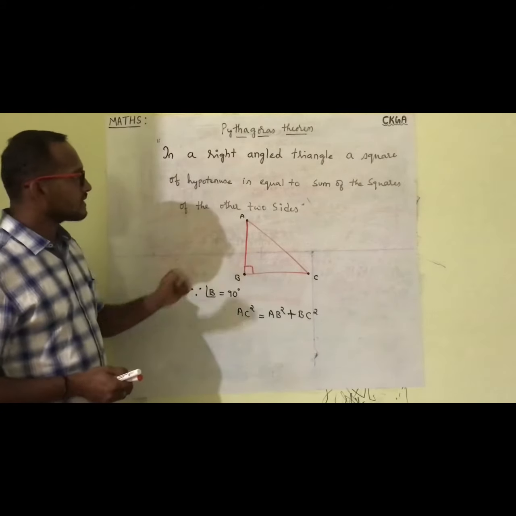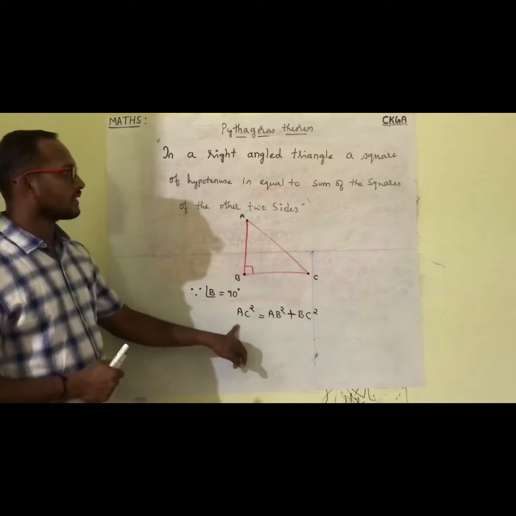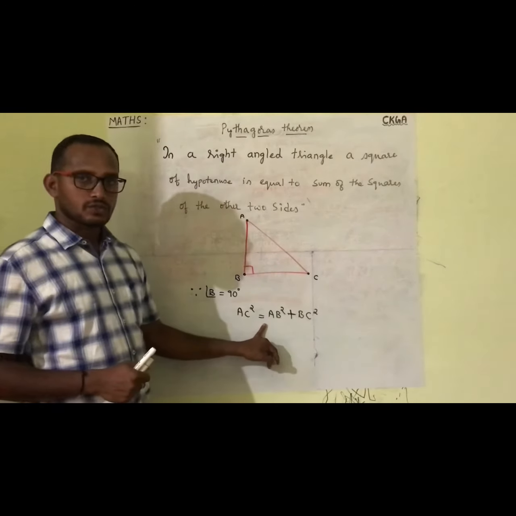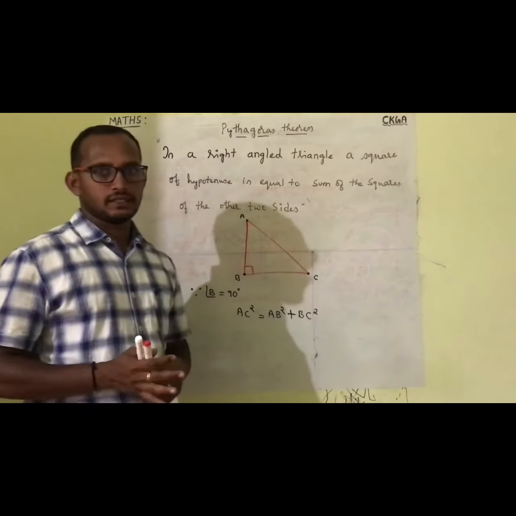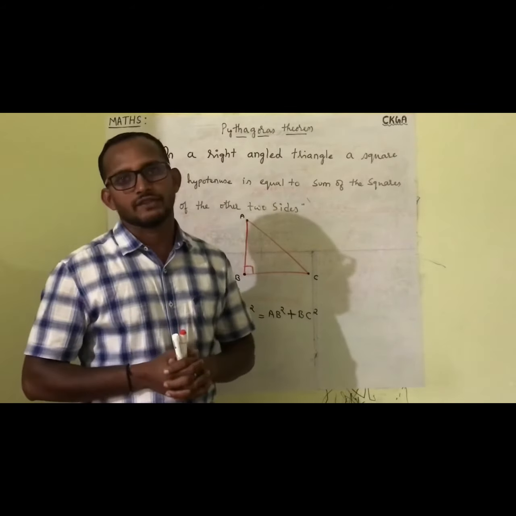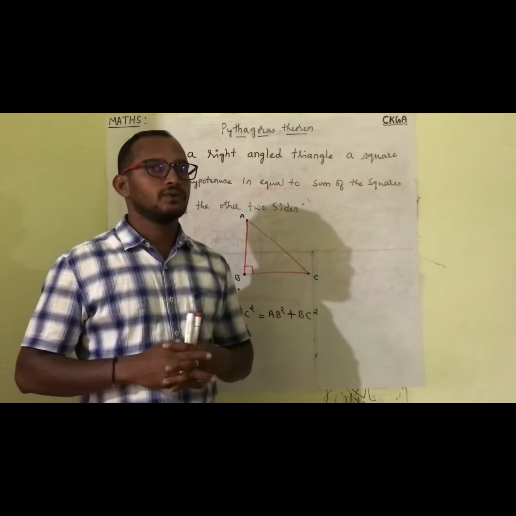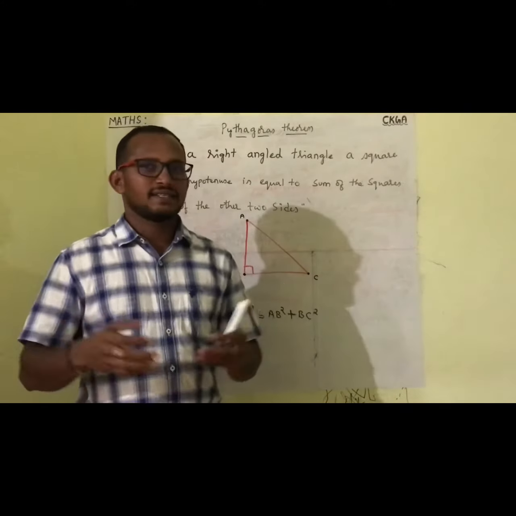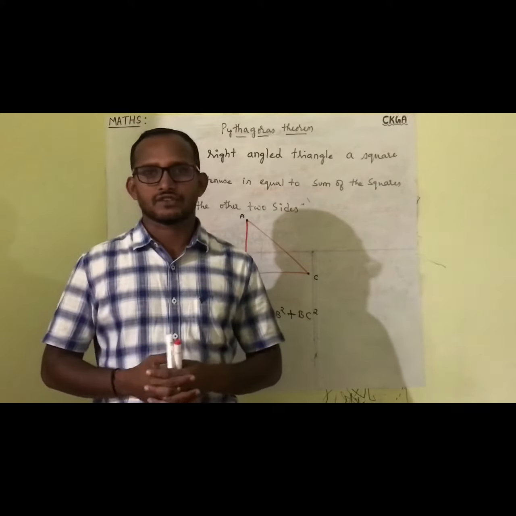A right angle triangle is here, one of the angles is a right angle, angle B equals 90 degrees. Then you can conclude that the square of the hypotenuse, that is AC square, is equal to AB square plus BC square. As I mentioned earlier, this concept is very important for 10th standard, even for 9th standard. 9th standard children need to express some irrational numbers on the number line, and 10th standard has a separate lesson, so you can learn more about the Pythagoras theorem in further classes.